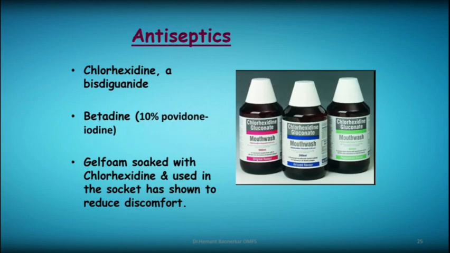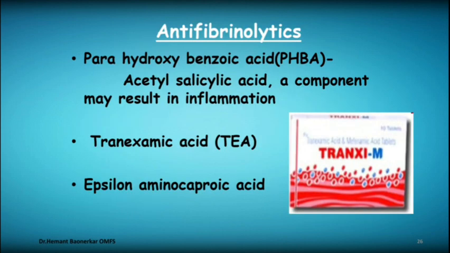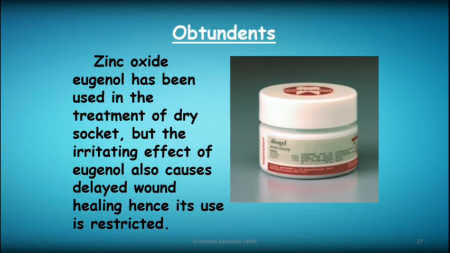After debridement of such cases, we generally advise using chlorhexidine or betadine 5% to 10% to prevent a secondary infection at the site of dry socket. Sometimes an antifibrinolytic agent like tranexamic acid or epsilon amino caproic acid is also advised for a patient like this.